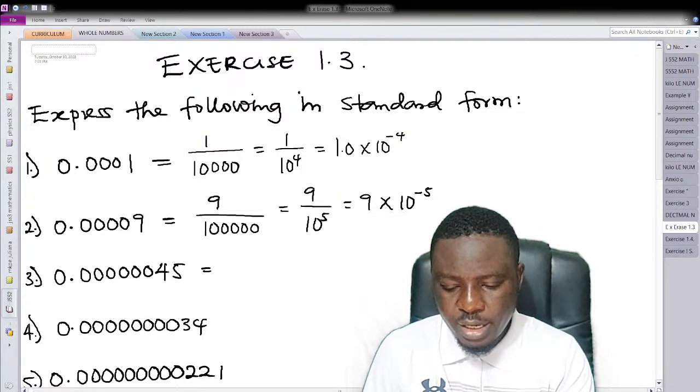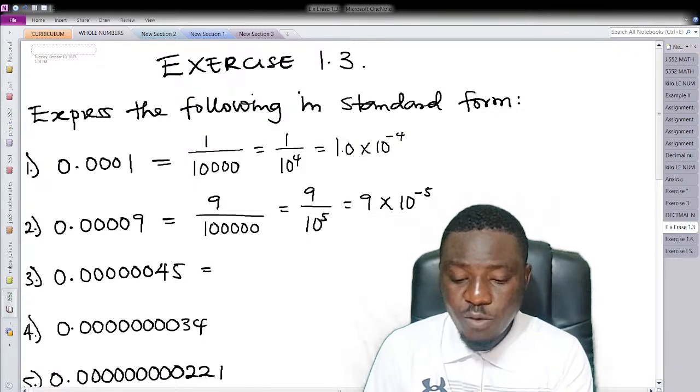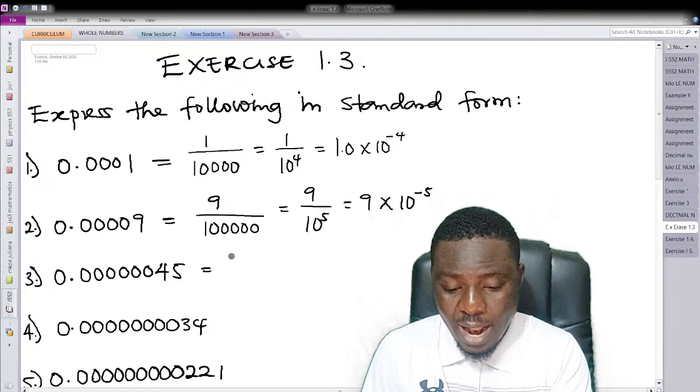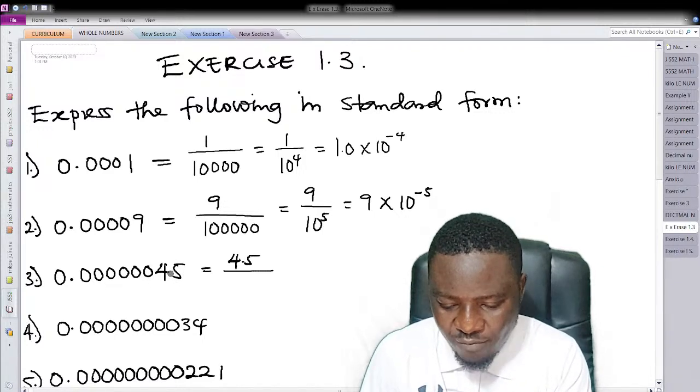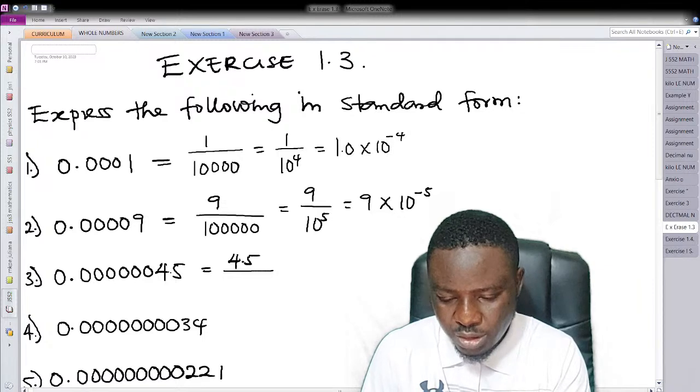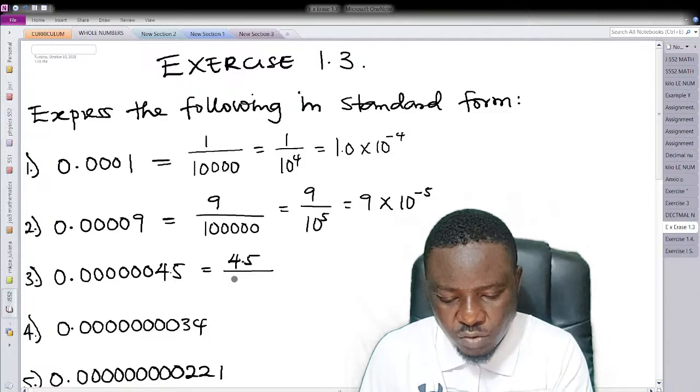3 is going to be, you move the decimal point. So I'm going to have 4.5 divided by, now I have moved the decimal point to this point. How many digits do I have before that point? 1, 2, 3, 4, 5, 6, 7. So this is going to be 1 with 7 zeros.